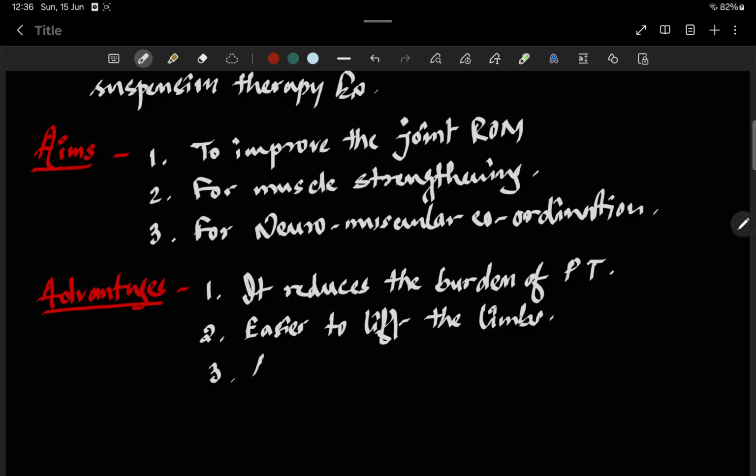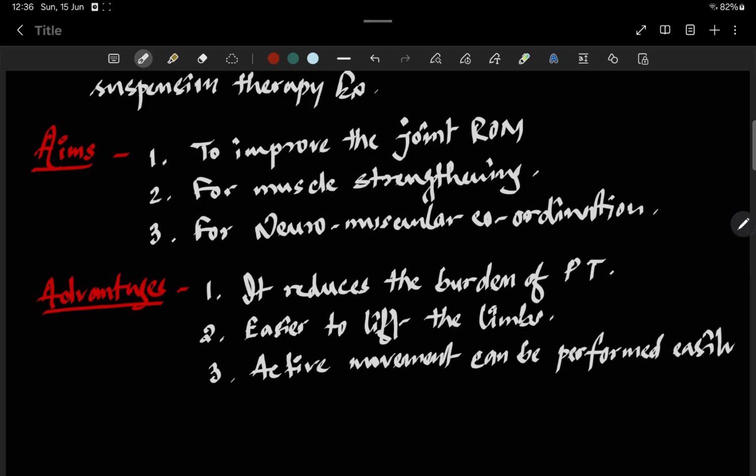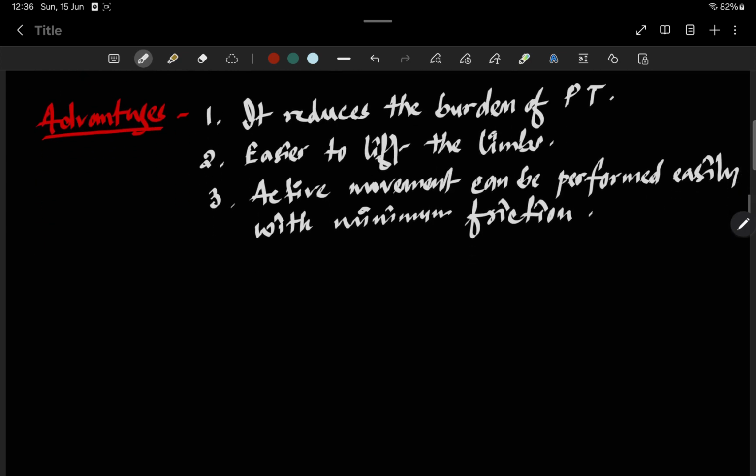Active movement can be performed easily with minimum friction. These are the advantages also.